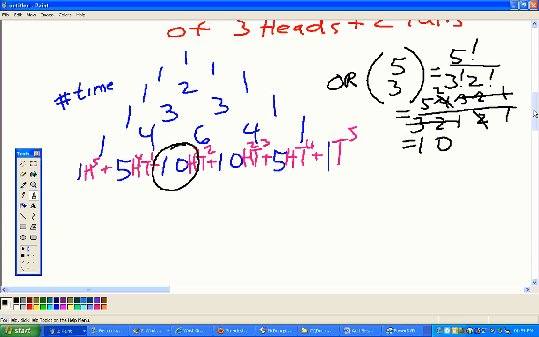So the other way we can say this is our calculator will understand that the number of combinations that we get, 5 taken 3 at a time, is 5C3.